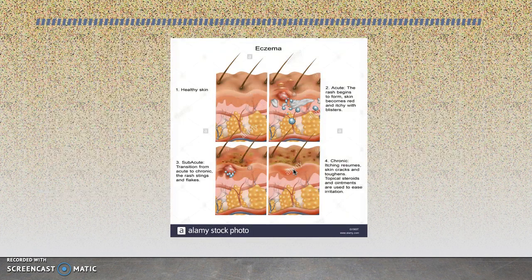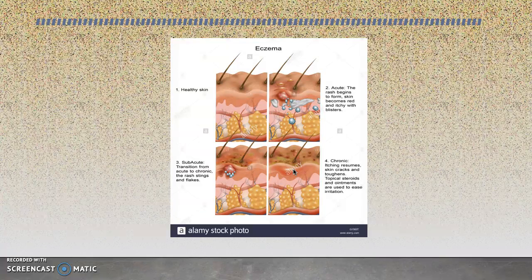This is a picture of healthy skin and skin that is affected by eczema. It says healthy skin, number 1, on the left side. You can see it's very normal looking. On the right side it says acute: the rash begins to form, and skin becomes red, itchy and very blistery.